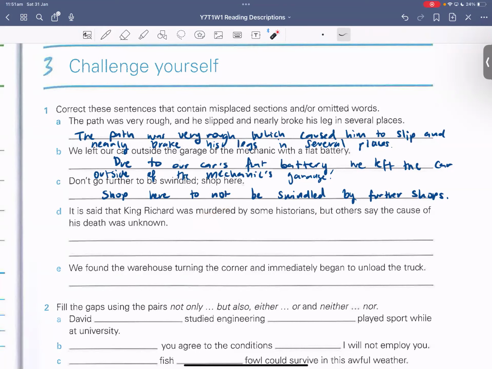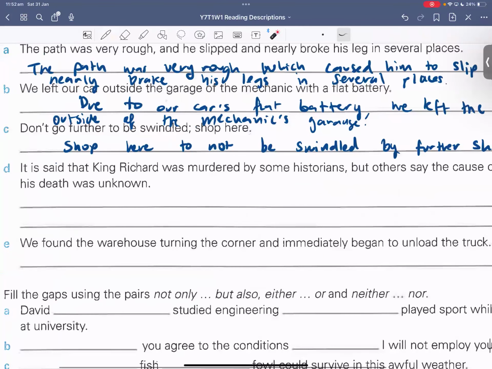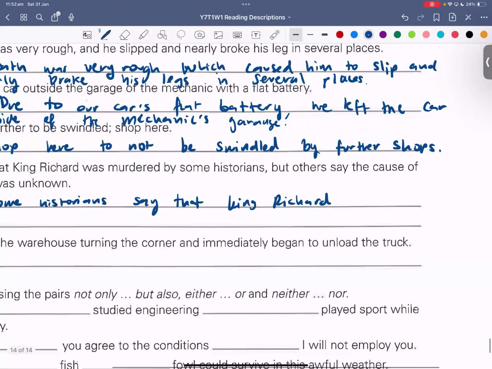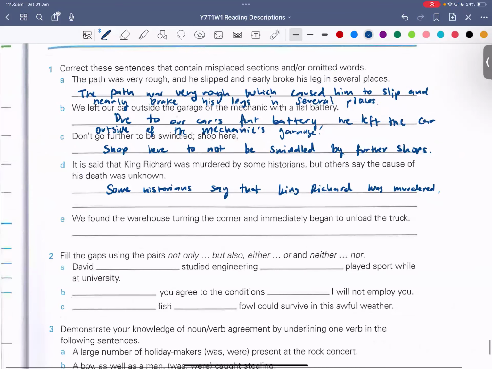Do you guys understand what I'm saying? Yeah. So we can say some historians say that King Richard was murdered, but others say the cause of his death was unknown.